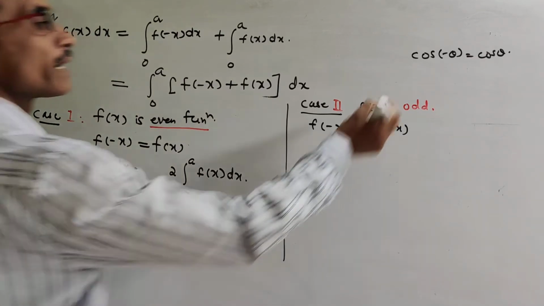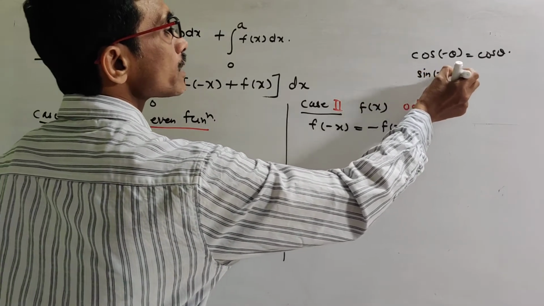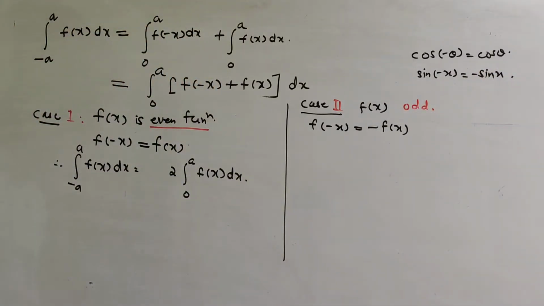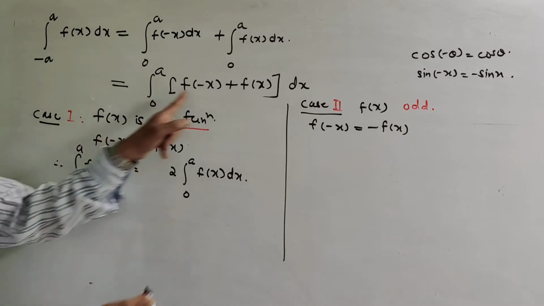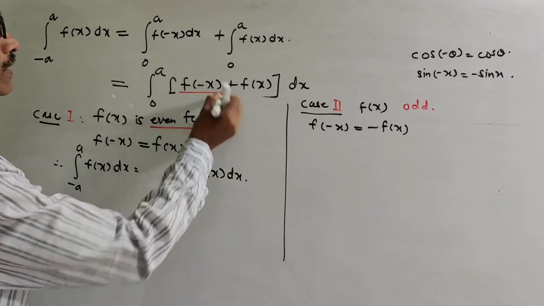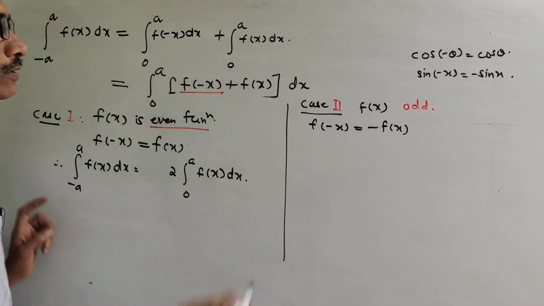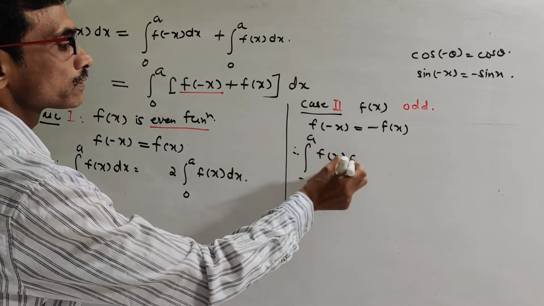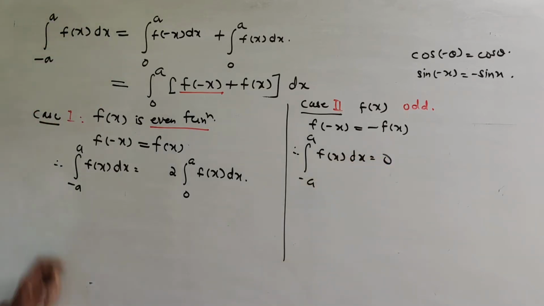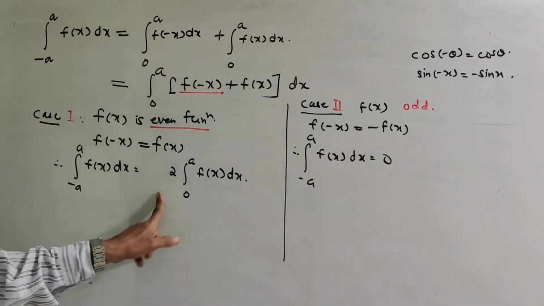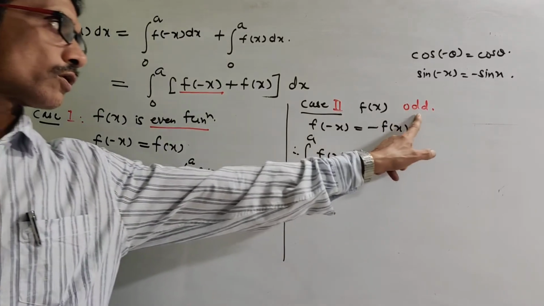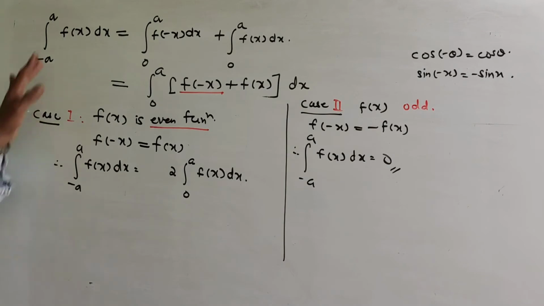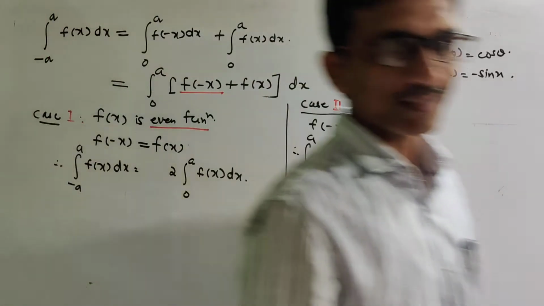For example, sin of minus x is minus sin x, which is an odd function. So here we substitute f of minus x is equal to minus f x, so that becomes 0. So integral minus a to plus a f x dx is equal to 0. So when it is an even function, it is 2 times integral 0 to a f x dx. When it is an odd function, it is 0. So this proves the theorem. So this property is very important.